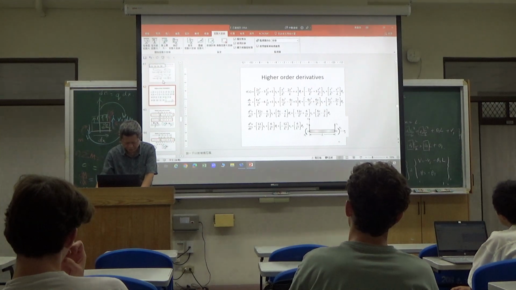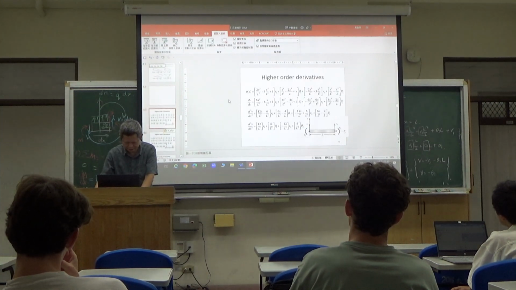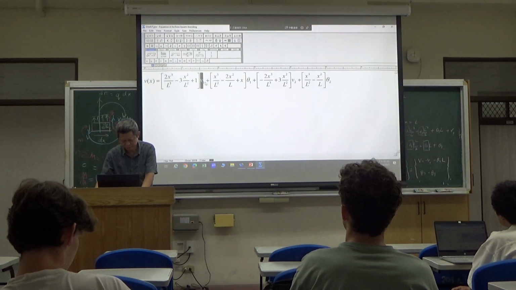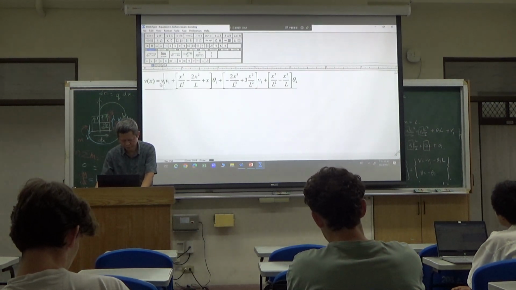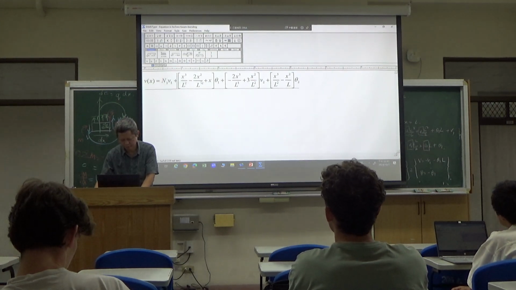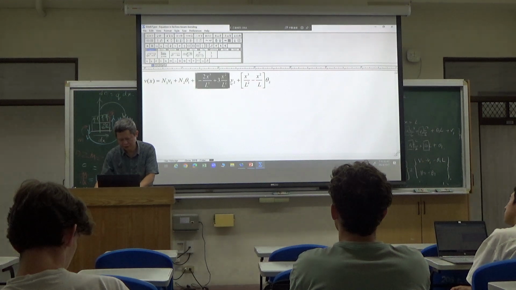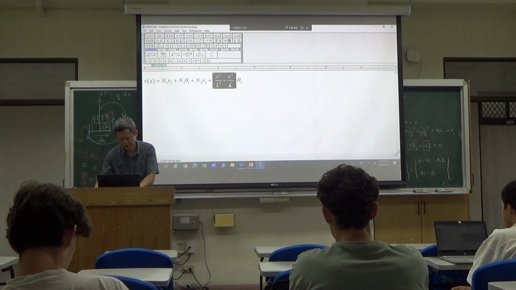What we have right here is the shape function multiplied with the boundary value.